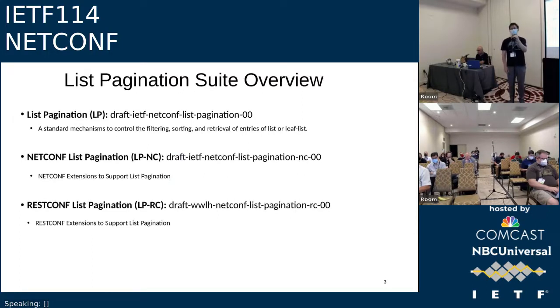We have three relevant drafts, and they are related to each other. The first one is the list pagination mechanism, which tries to provide a generic mechanism that lets you do filtering, sorting and retrieval. This mostly applies to lists or leaf-lists. We also provide the NETCONF protocol extension and the RESTCONF protocol extension. These other two use the first generic mechanism as a basis.